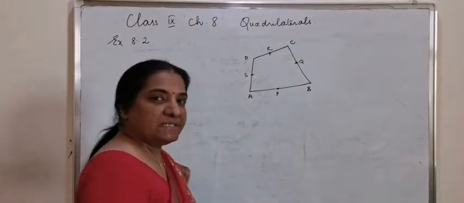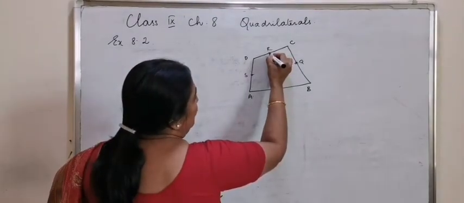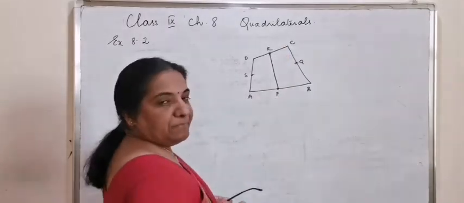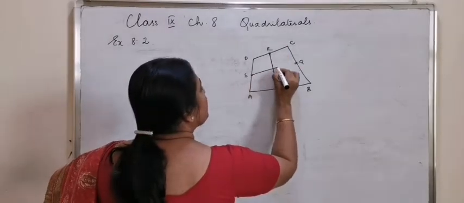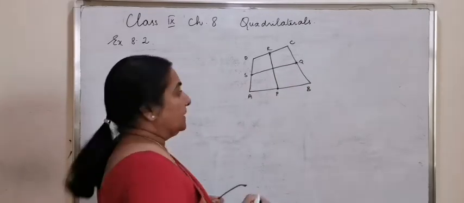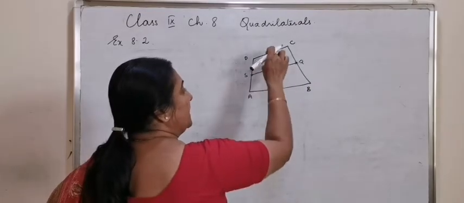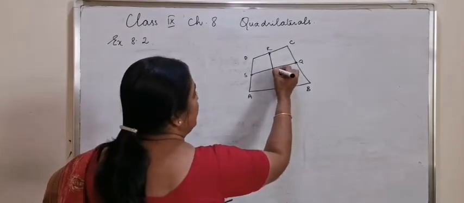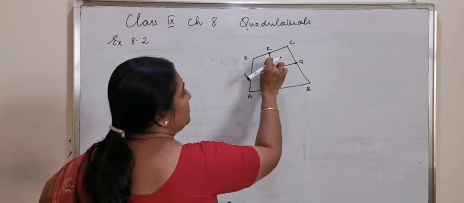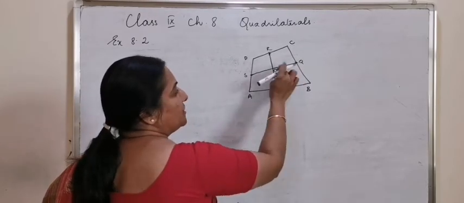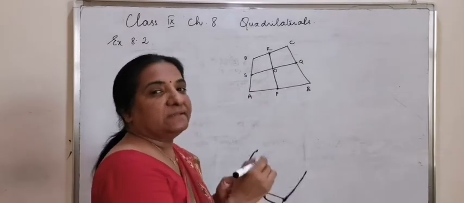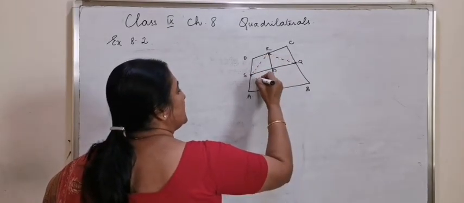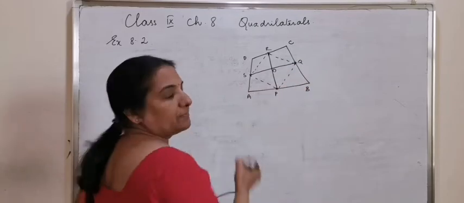What is to prove is the line segments joining the midpoints of the opposite sides, that is, PR and QS, bisect each other, which means what is to prove is PO is equal to OR, SO is equal to OQ. This can be proved only by proving that PQRS is a parallelogram.